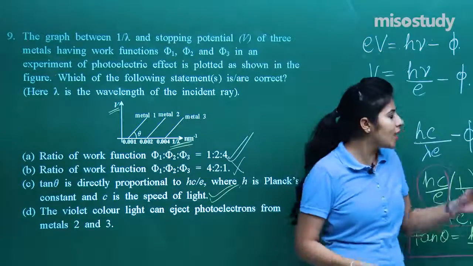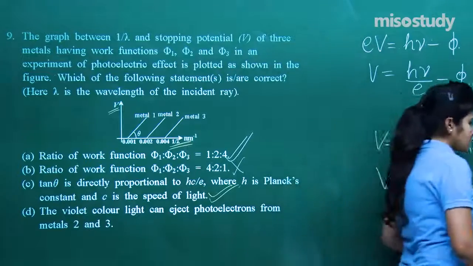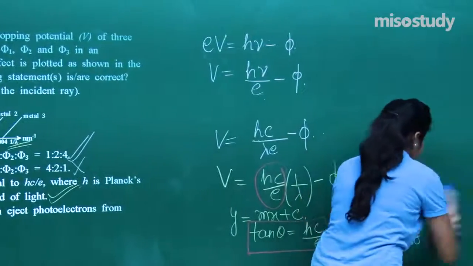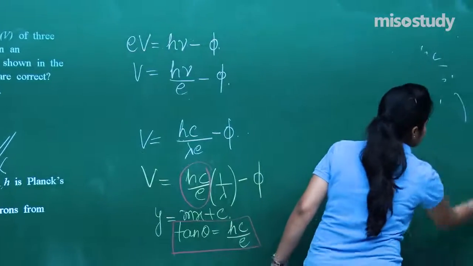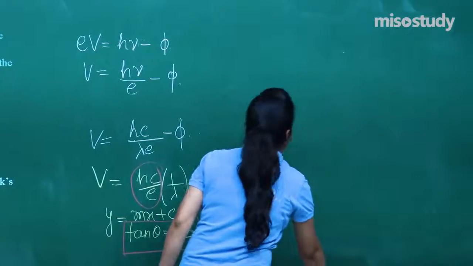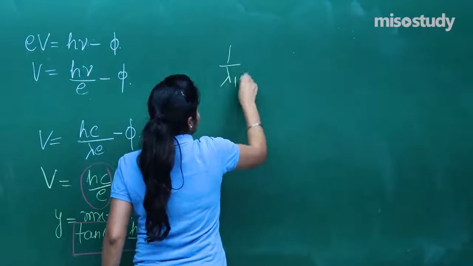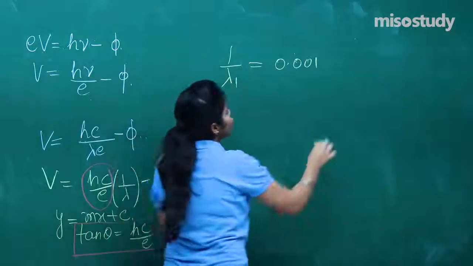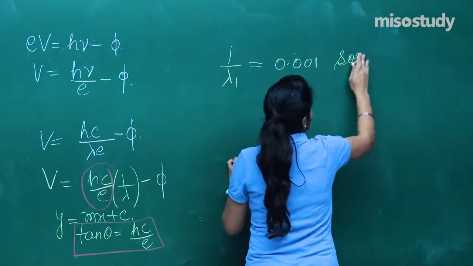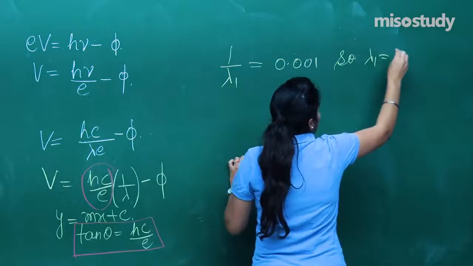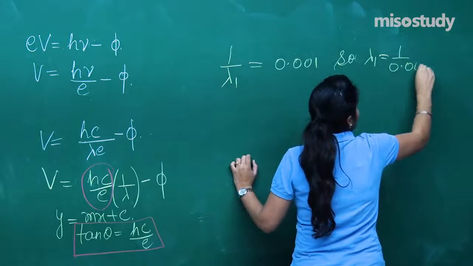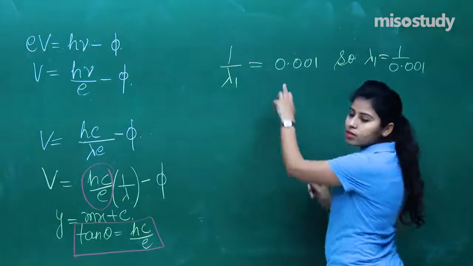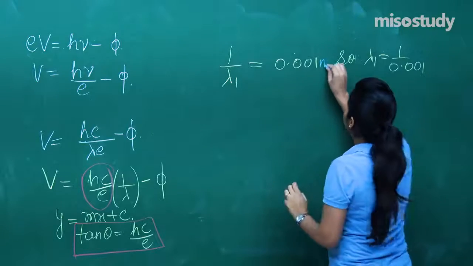So from here I can find out the wavelength of the violet color and the wavelengths of these three metals. Since we have 1 by lambda 1 as 0.001, from here you will have lambda 1 as 1 divided by 0.001. Earlier this was in nanometer, it was given in nanometer.